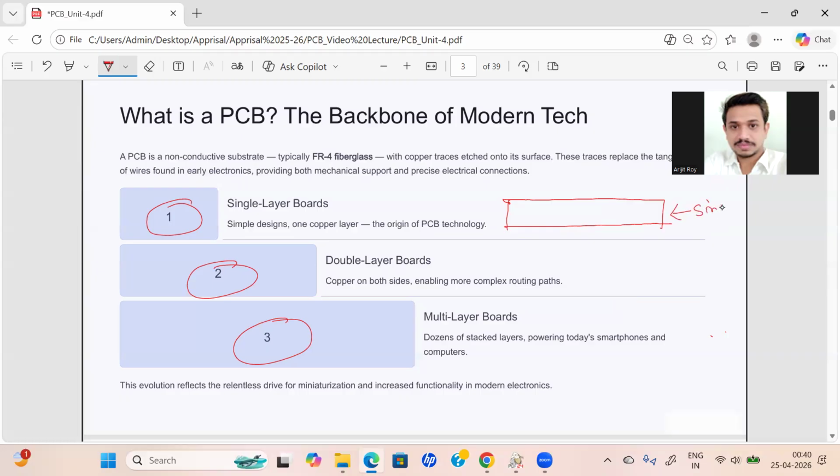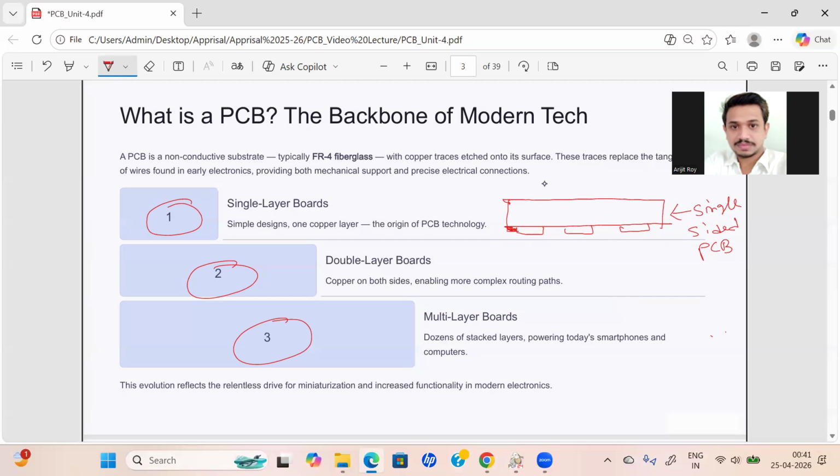These are the solder points where soldering happens, and this is the copper contact.